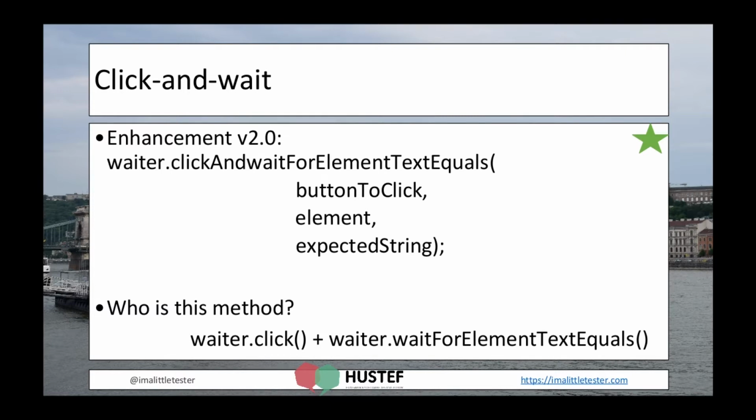And this way, again, we have reduced our code from 3 lines as we had initially to just 1 line, and we've also made it very reliable. So here we have the improvements: we are shortening our tests. We are also making the test a little bit clearer because the method says click and wait for something, so we know exactly what we are doing in that step. But it's also very reliable.